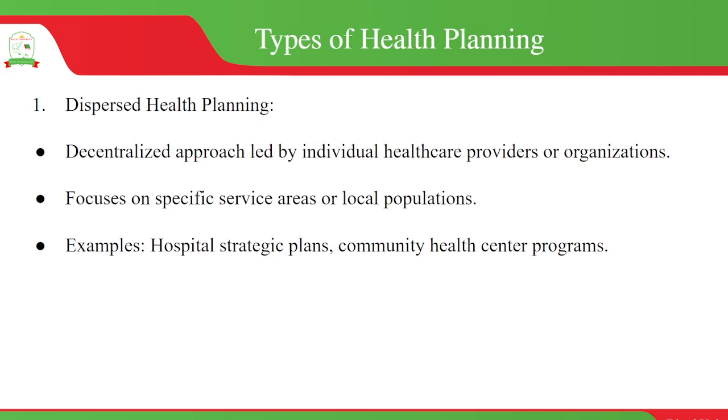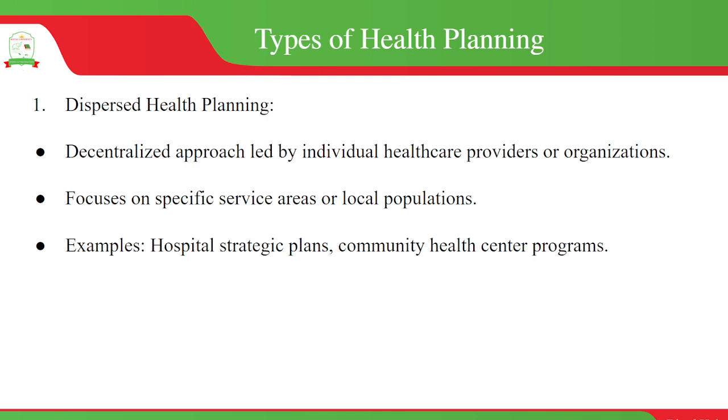So we move to the different types of health planning. Dispersed health planning is one. So here we are giving the local levels of authority, or the people at the lower level, the chance to make their own plans.